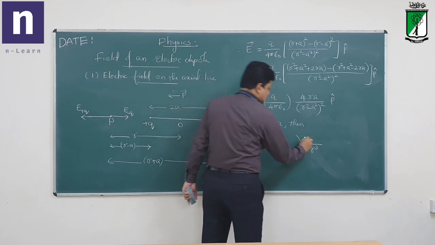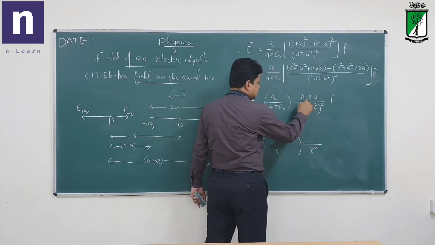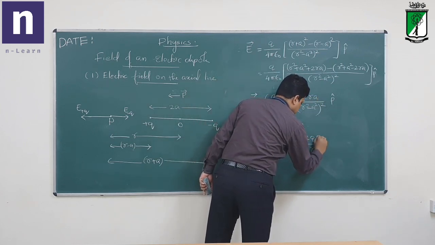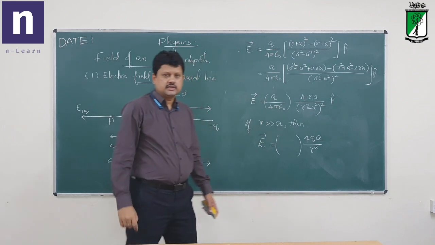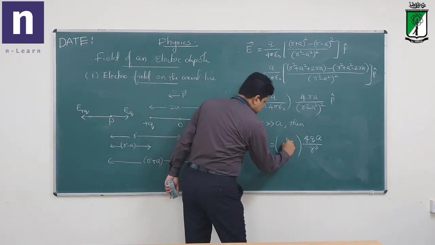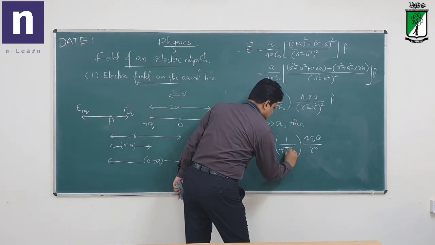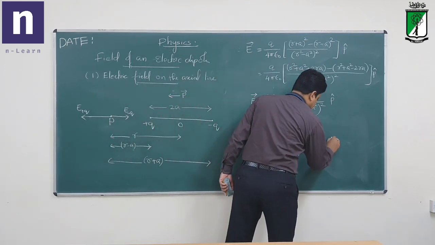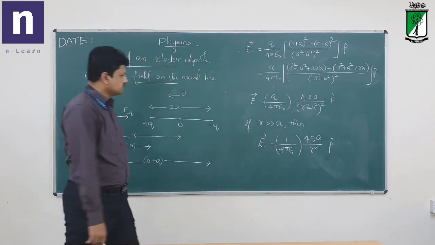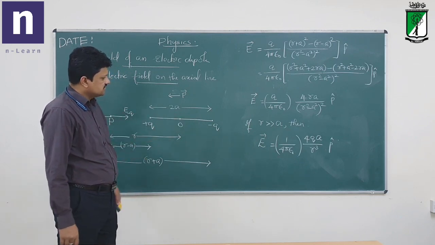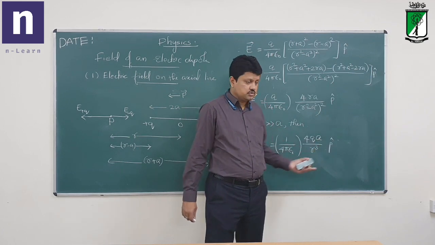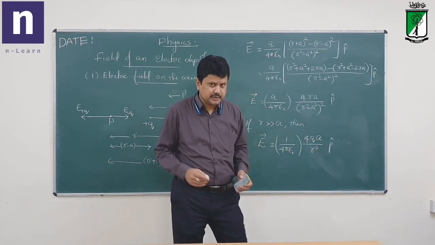So what will it be? 4qa. Then in the bracket here, 1 by 4 pi epsilon naught, and of course p cap as it is. Now this is the net electric field. Now further, in the beginning I told you what the dipole moment p is.